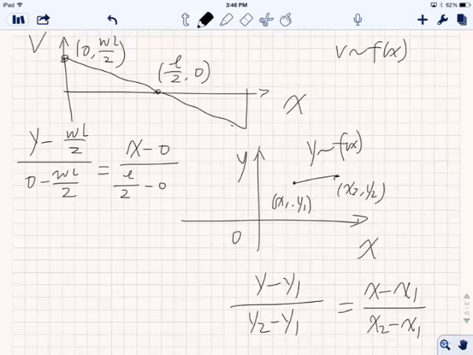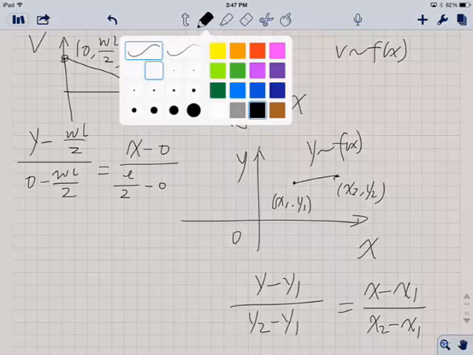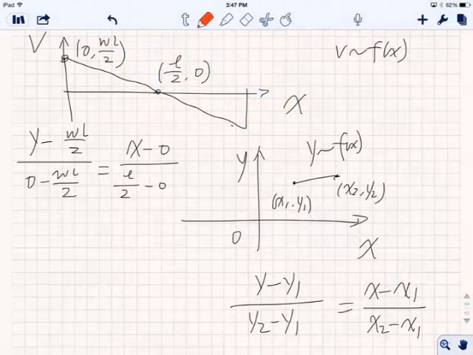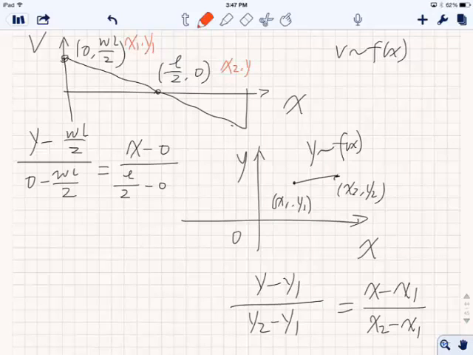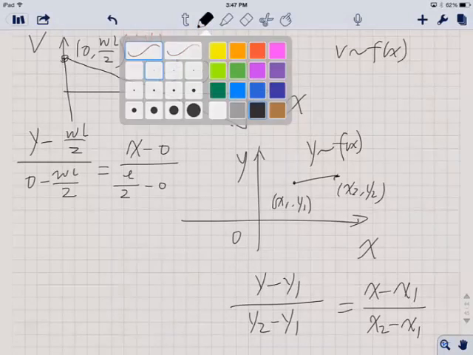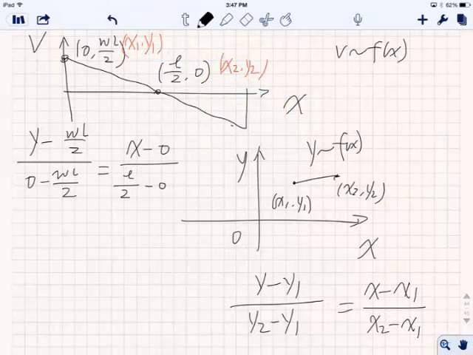In other words, what I'm doing here is I treat this as my x1, y1, and this as my x2, y2. Nothing fancy, all right? This is all I'm doing, and I just plug everything in from here, right? Yes? Okay, all right, so we just plug everything in.